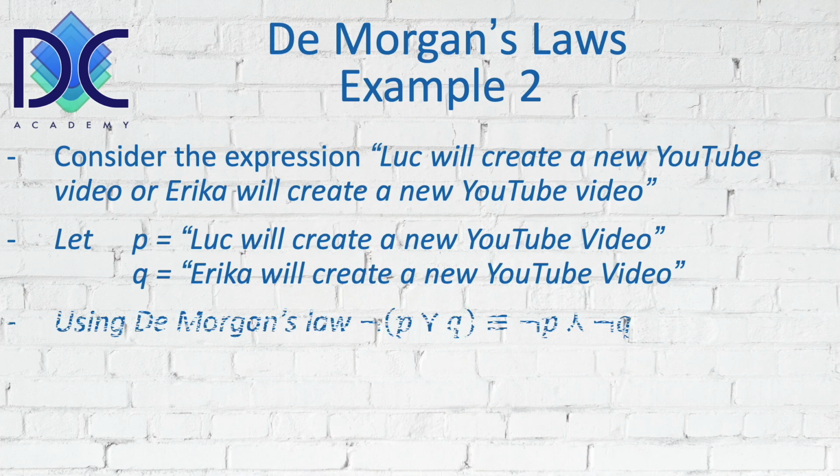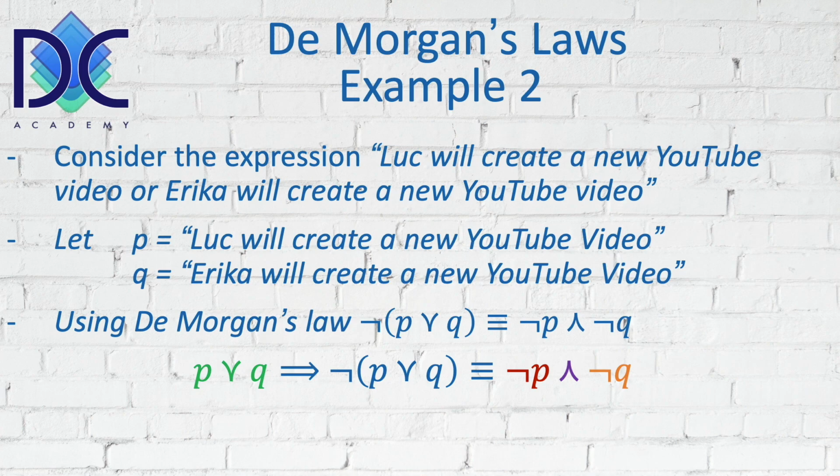Using De Morgan's law for a disjunction, we say that not (P or Q) is equivalent with the conjunction of not P and not Q. So let's start from P or Q. We take the negation, which is not (P or Q), and we use the De Morgan law, which becomes not P and not Q. Not P is Luc will not create a new YouTube video, and not Q is Erica will not create a new YouTube video.